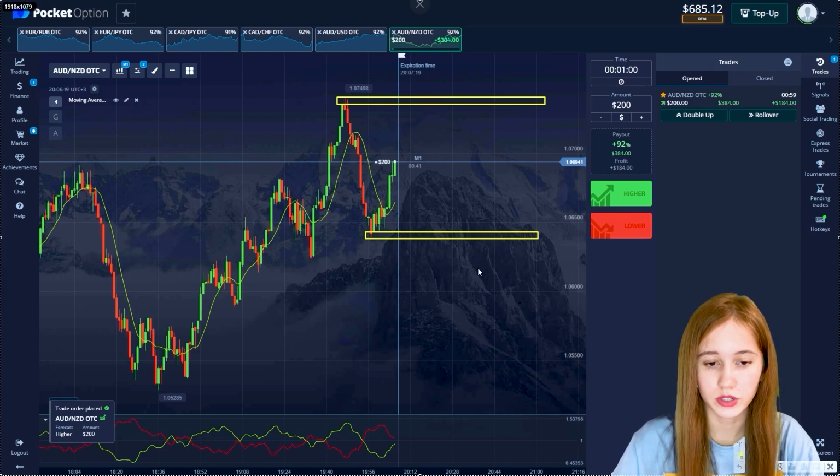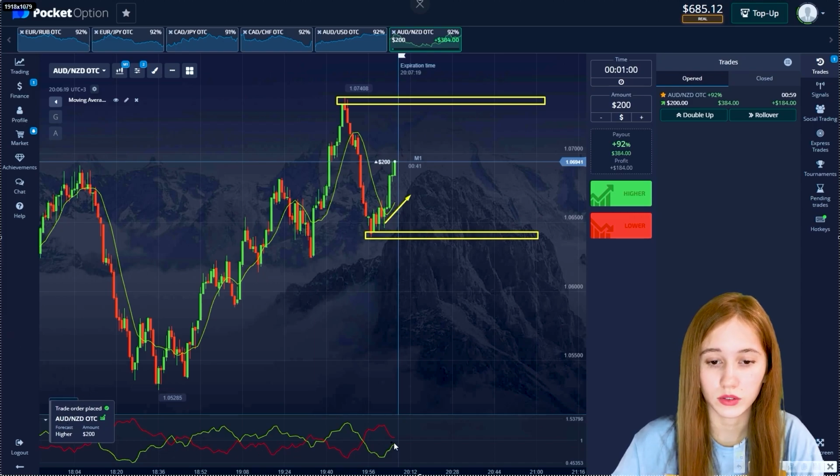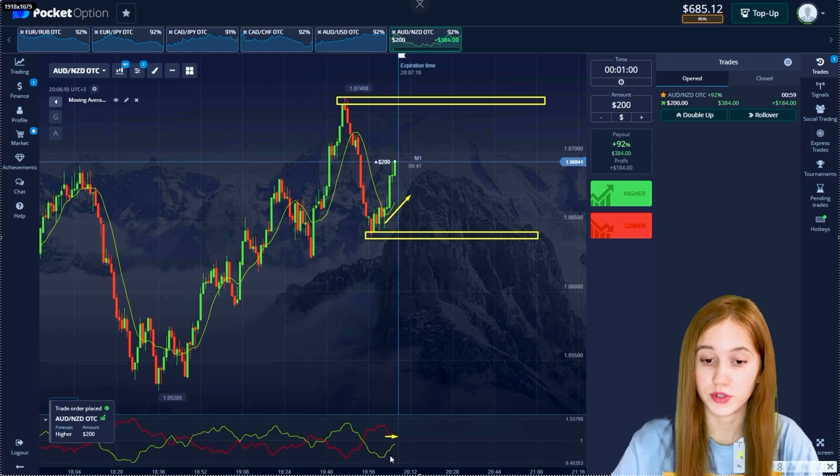By moving average, we see lines in the upper position. It's good. By vertex, we see the same situation. Red is uncertainty and green is in the upper position. It's good.